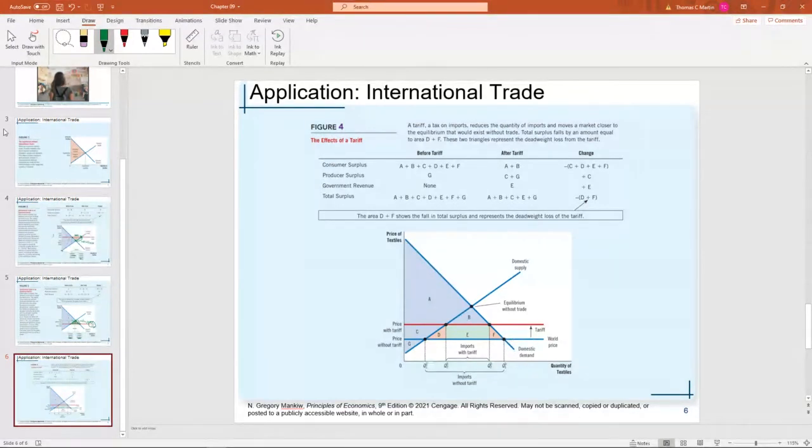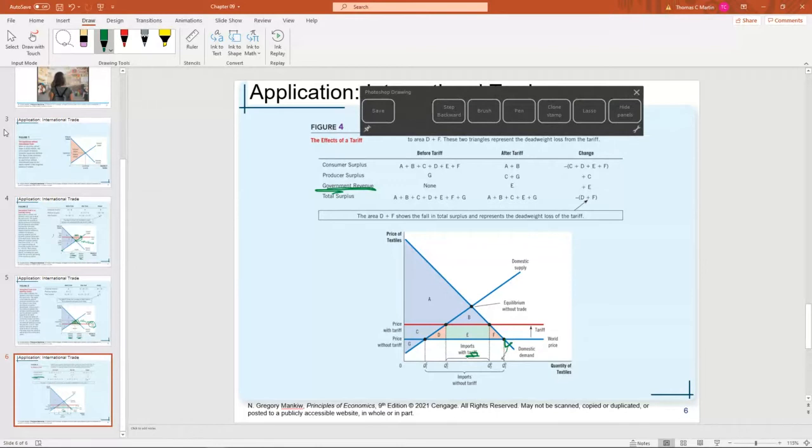But the big difference here is the government comes in on this equation. They add a tariff. We see it right here. So if the world price is here, this will be the quantity demanded and the quantity supplied by the American producers. All the rest of this will be imported from outside.